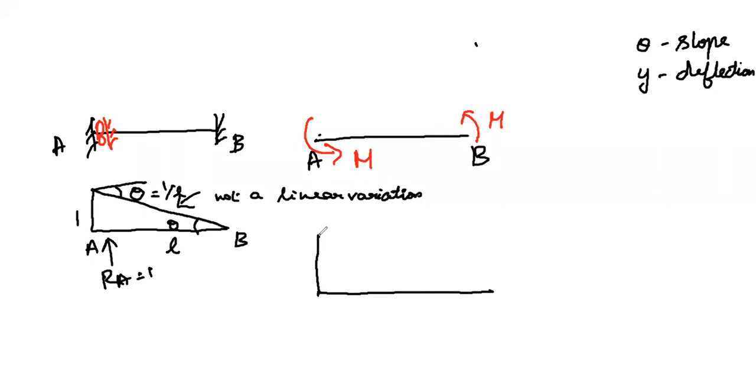The slope at A is 0, you know, so the curve here will be flatter. Here also the slope is 0, so it will be like this. Okay, the curve will be flattened at the point A and at the point B, since the slope is 0. Okay, this is the influence line diagram for the reaction RA, to some scale.